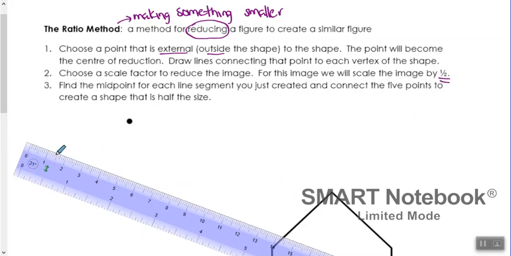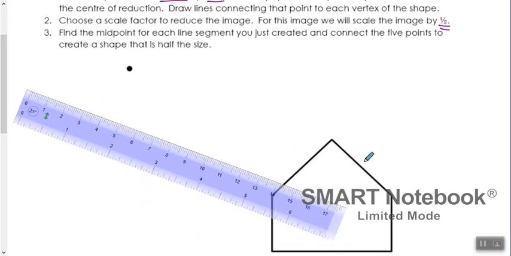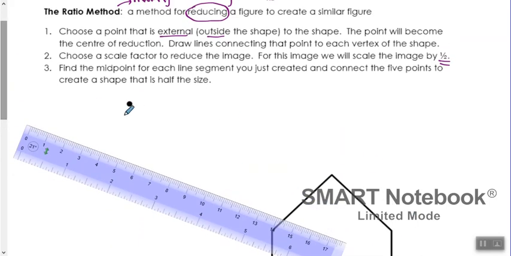What we do is we take each of our vertices and connect them to this dot. Usually you want a small dot. This dot's actually quite big.